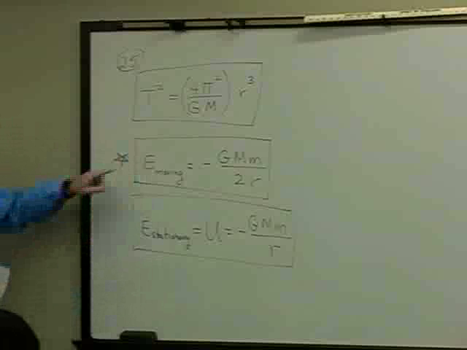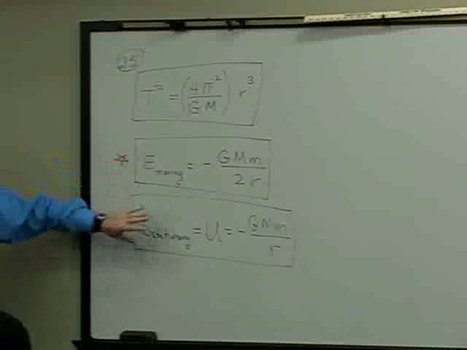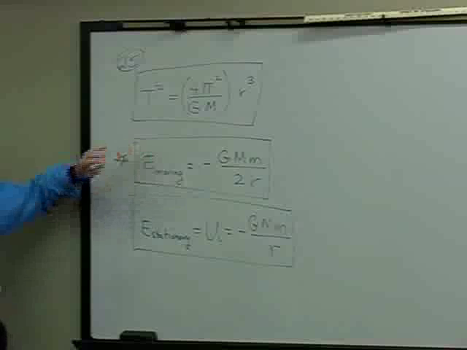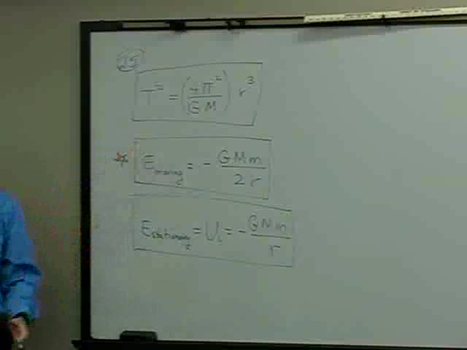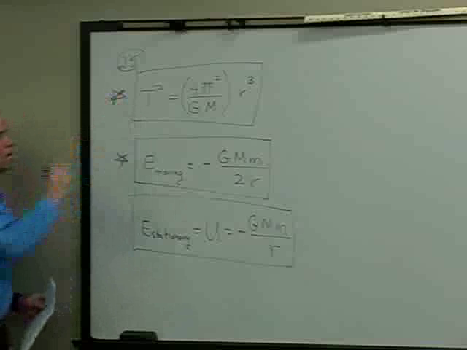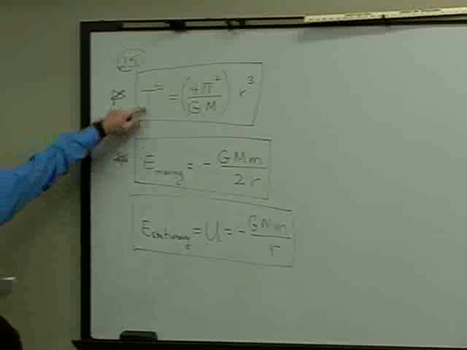And the reason why this binding energy is less in magnitude than this is because this moving satellite has kinetic energy, and that is reducing the amount that is being bound to the central object. So I think those are our essential equations. And for this problem, we're going to use these two.